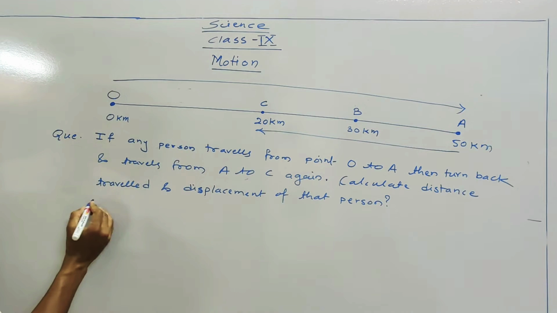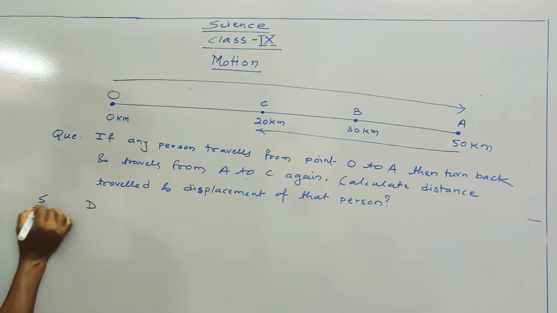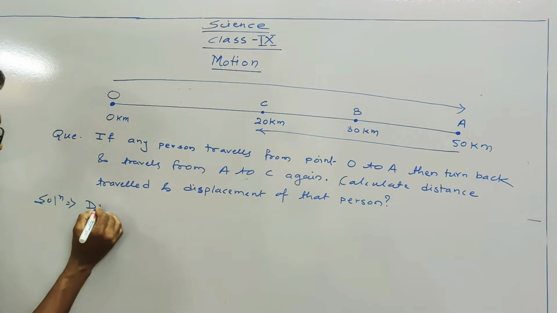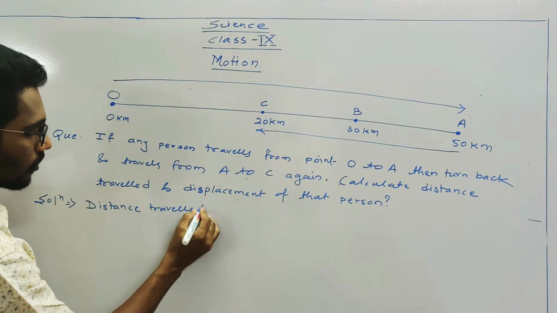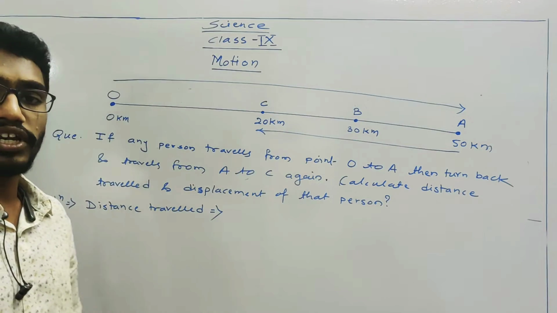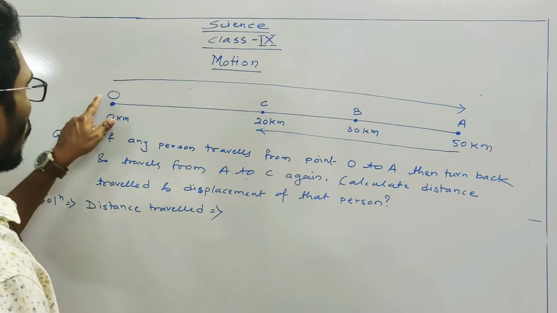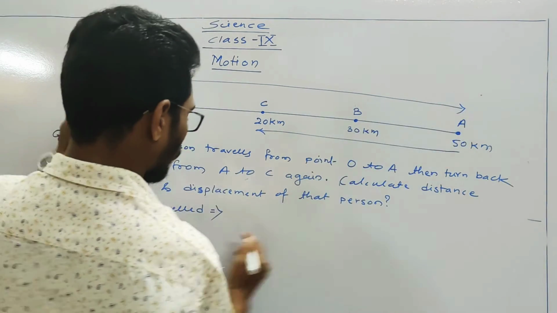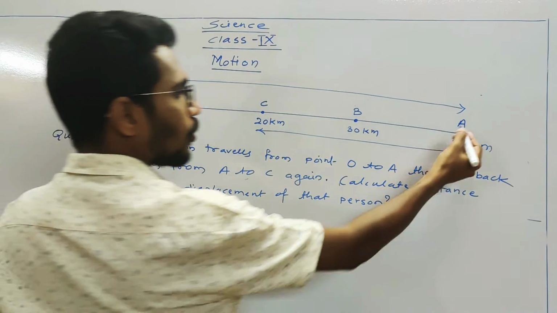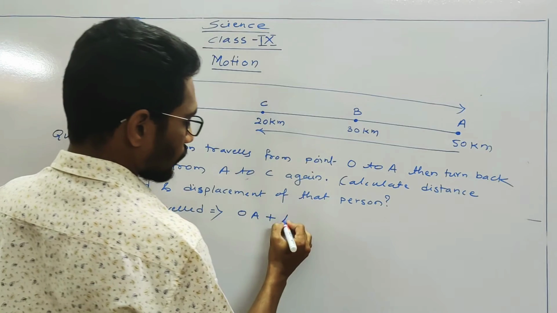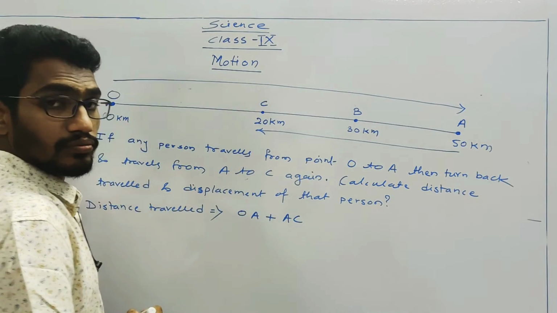So as per the definition, distance traveled is equal to O to A, that is OA, from A to C, that is AC.